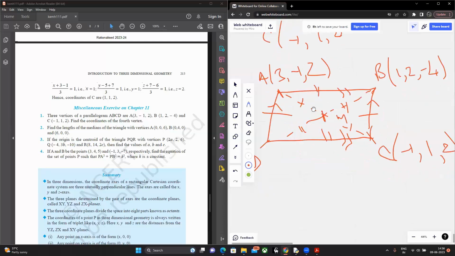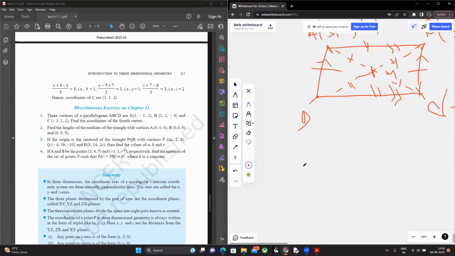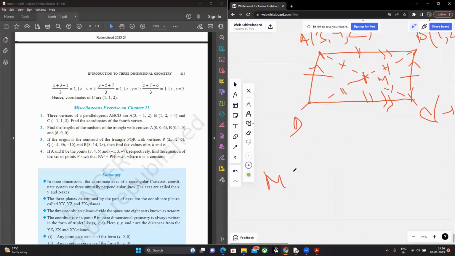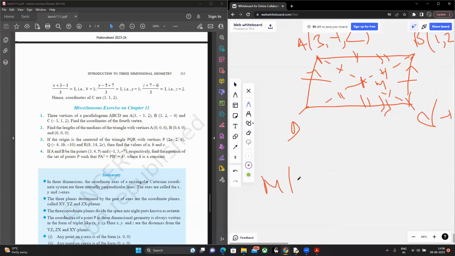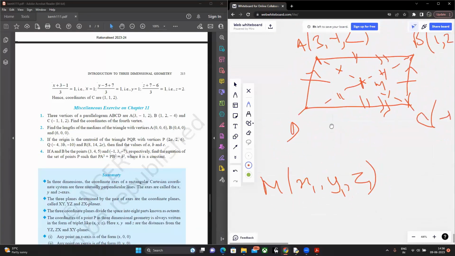So your midpoint M is going to be the midpoint for both the diagonals AC and BD. Let M be (x1, y1, z1). Don't get confused with the normal x, y, z for a locus.